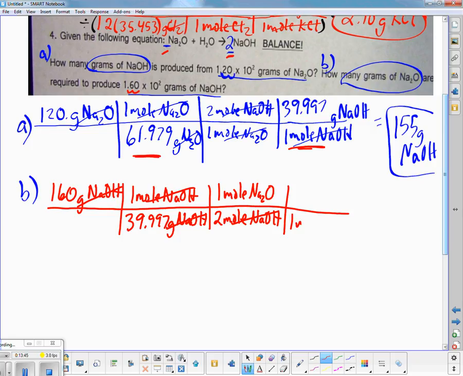And then the last conversion is this conversion flipped. So 1 mole Na2O and 61.979 grams of Na2O. Moles go out. This time we need to make sure that we remember to put divide and parenthesis around the bottom, because there's more than one number that is not a 1.